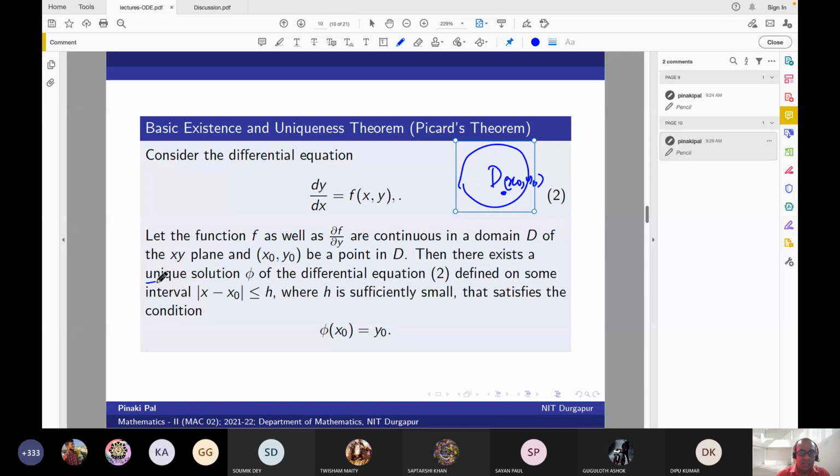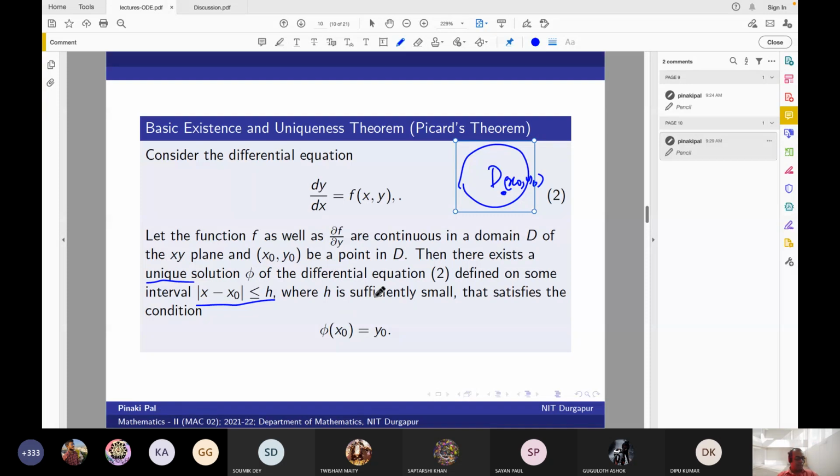Strong statement, you see. A unique solution phi of the differential equation 2, defined in some interval given by |x − x0| ≤ h. h may be very small, but still it exists.